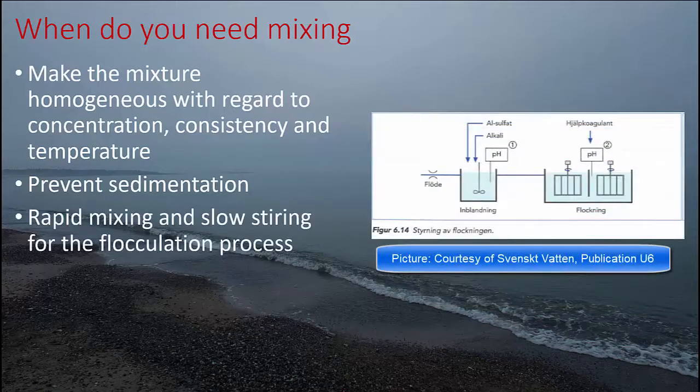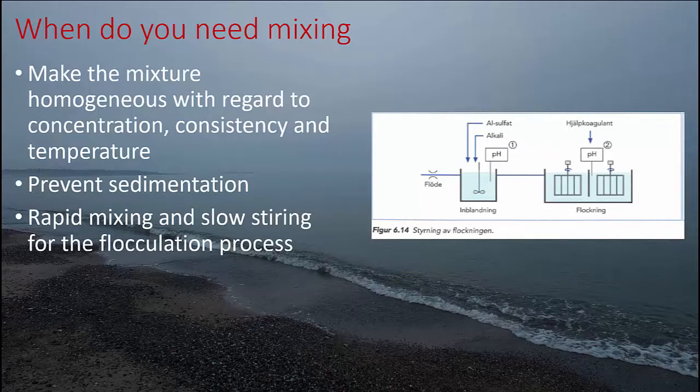Also, when you have flocculants, here on the picture you see the first tank where you add the chemicals that you need for the flocculation. In that tank you have rapid mixing in order to mix the chemicals very, very well in the whole volume you want to get the flocks in.